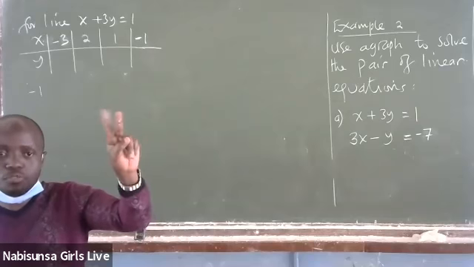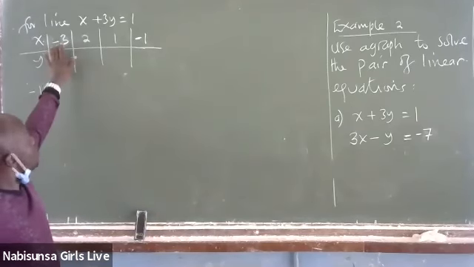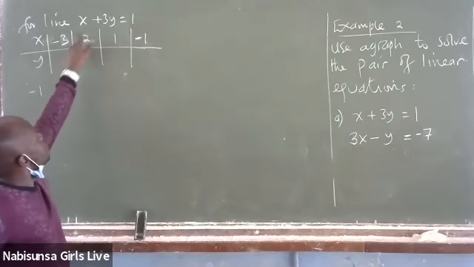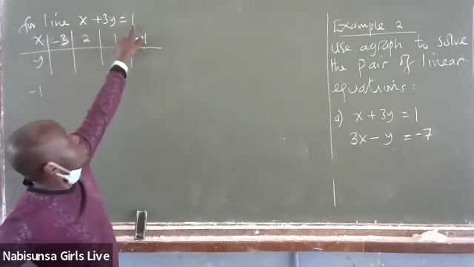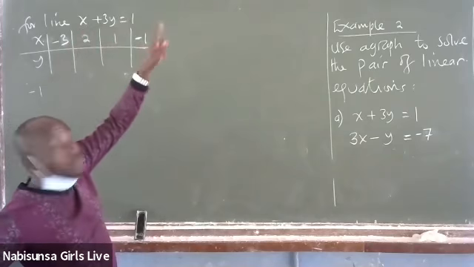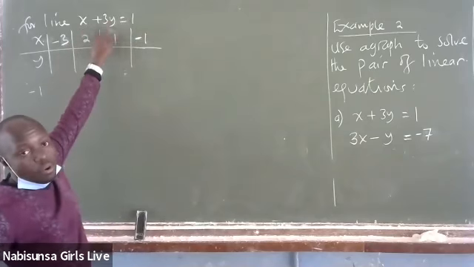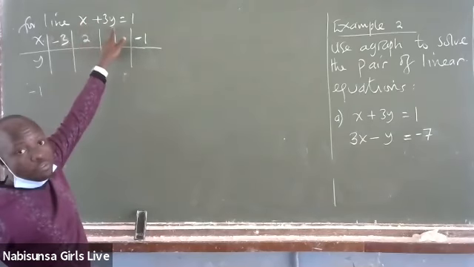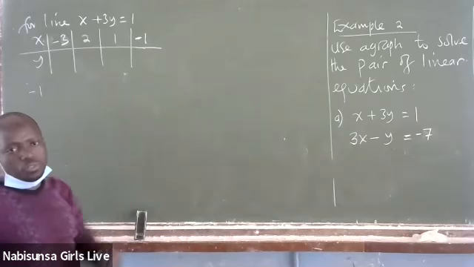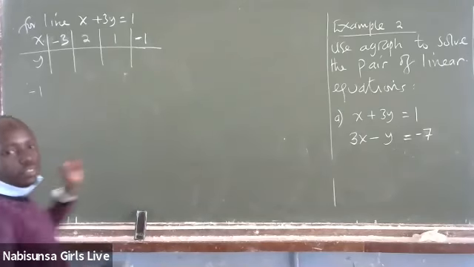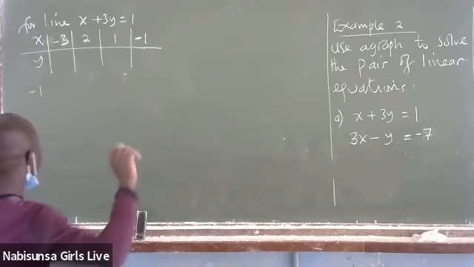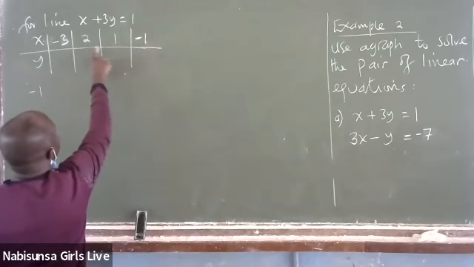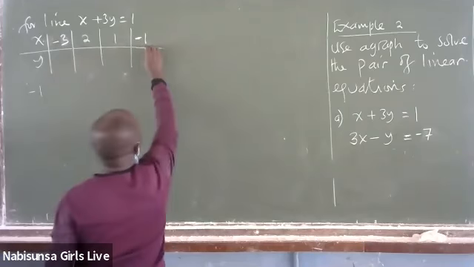Okay? So we have two options. We pick values of x that should not give us fractions. We should pick values of x that make this equation end up with a multiple of 3. Or, since x has no factor, then we pick values of y. Now, let me give you my values of x with reason. I'm removing all these ones giving us the fractions.